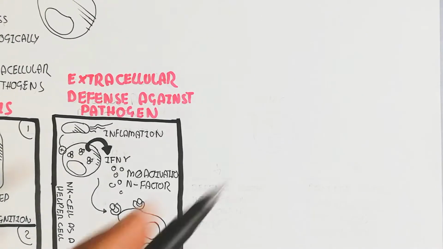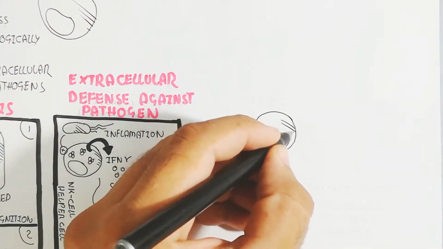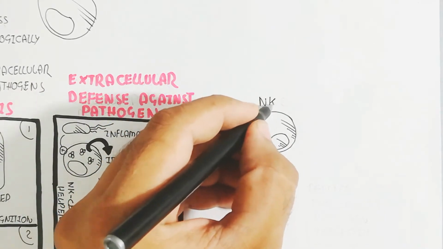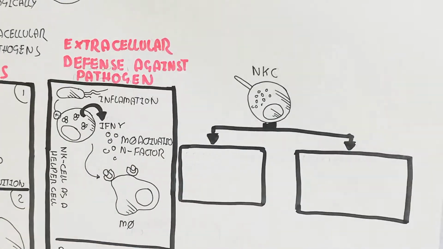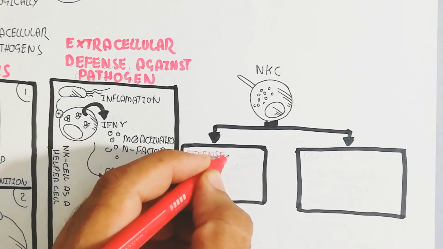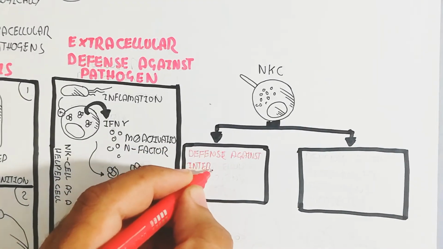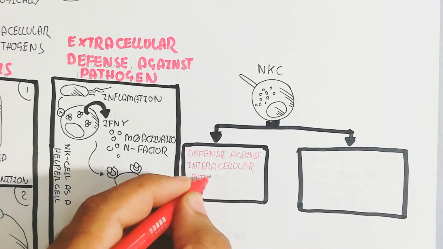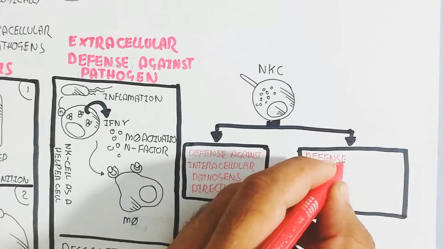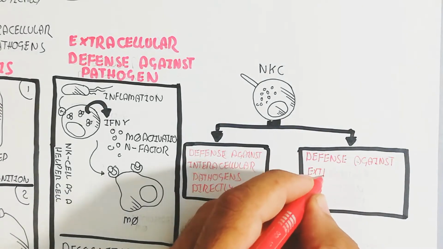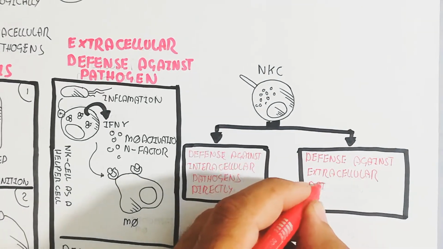In summary, the natural killer cell is used for defense against intracellular pathogens directly and against extracellular pathogens indirectly. Directly means it directly kills the cell.